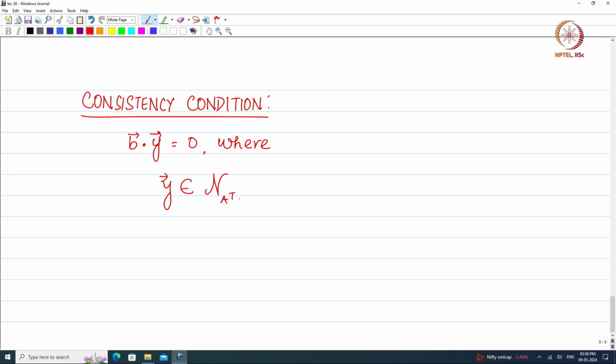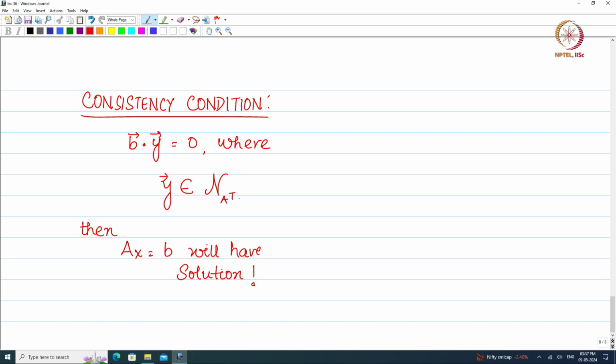So if b dot y is equal to 0, then Ax equal to b will have a solution. That means it will be consistent. Unique or infinitely many, that we have to see, but you will have a solution. The condition is basically b dot y is 0 where y is in the null space of A transpose.